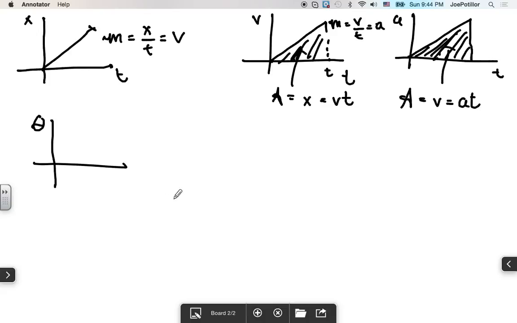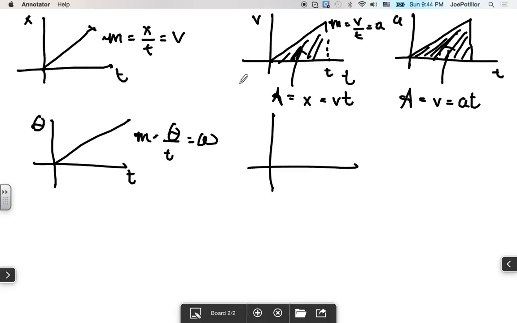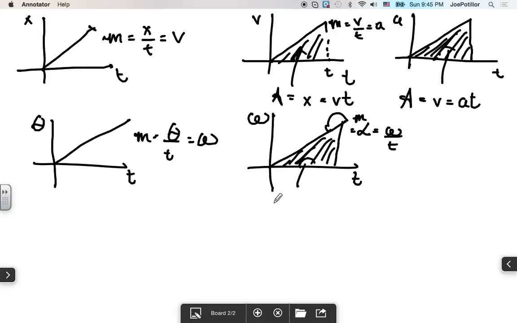We have our theta position time graph, and of course the slope is equal to its angular speed, and then we have its angular velocity time graph, where the slope is what we call the angular acceleration, represented by Greek letter alpha, and of course the area is equal to its angular position.